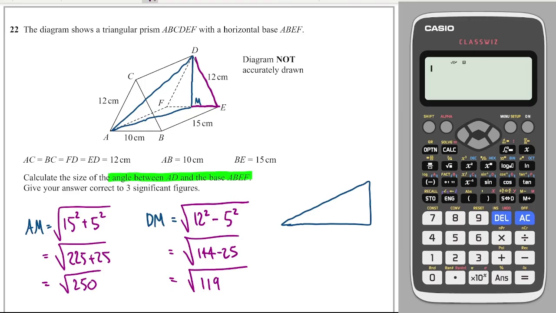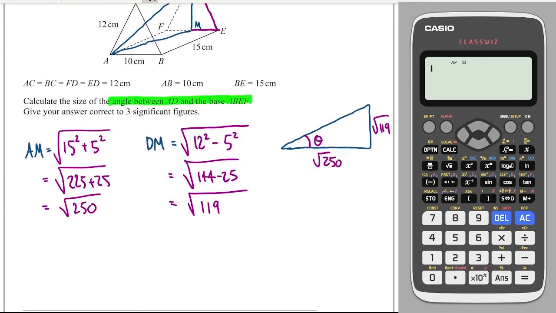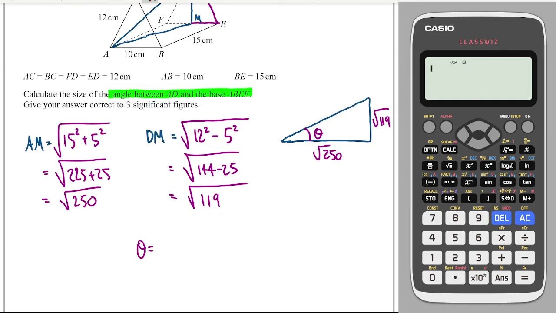Okay, so now I can put all that information over here. I've got root 119 as the height, and along the base is the square root of 250. This is the angle I'm looking for. So in order to work this out, I would need to use tan to the minus 1 of the opposite over the adjacent, and that would go into my calculator.